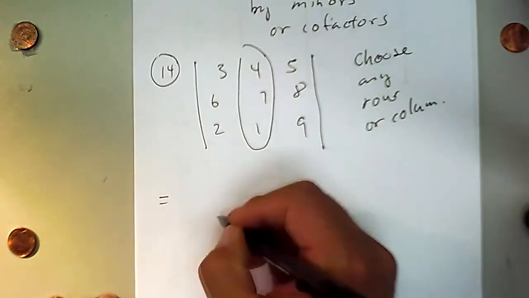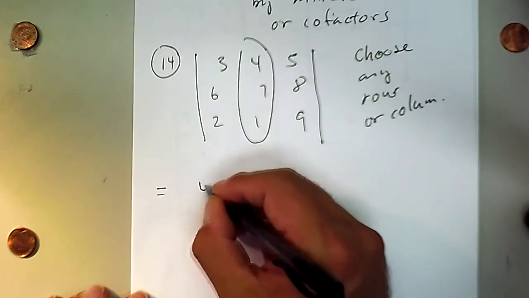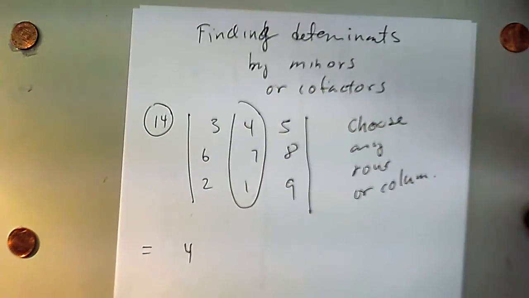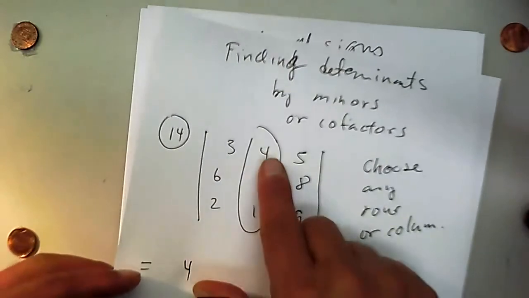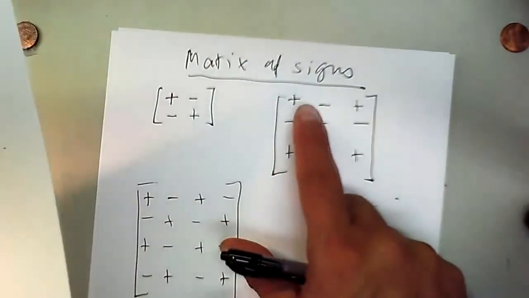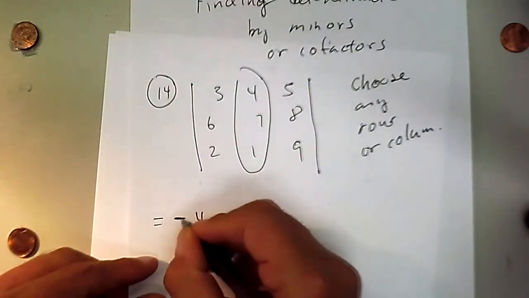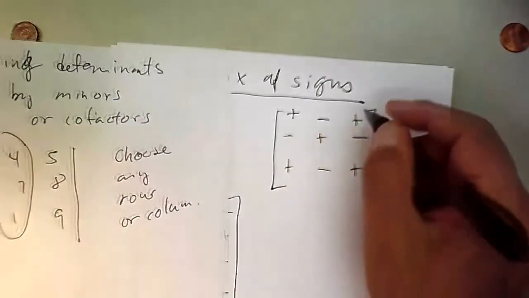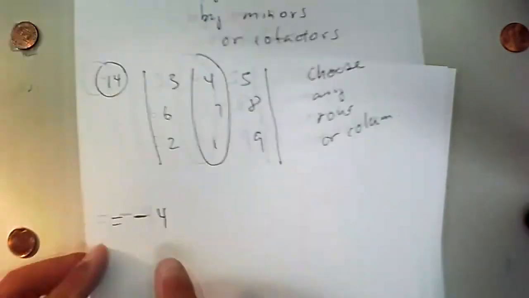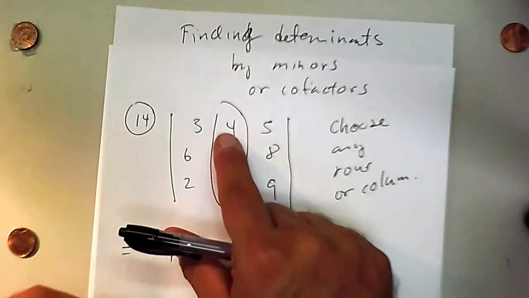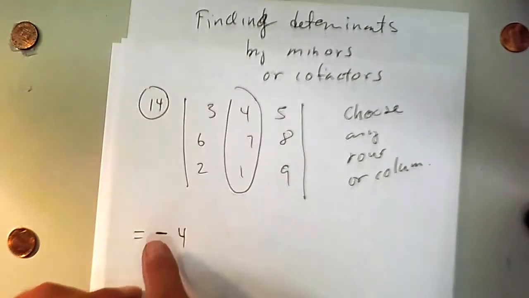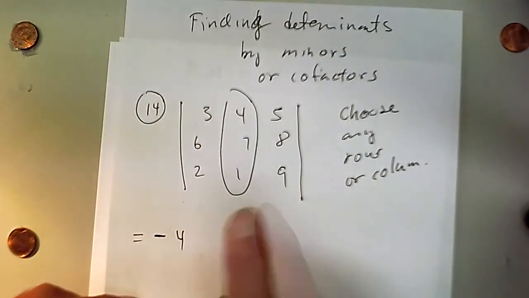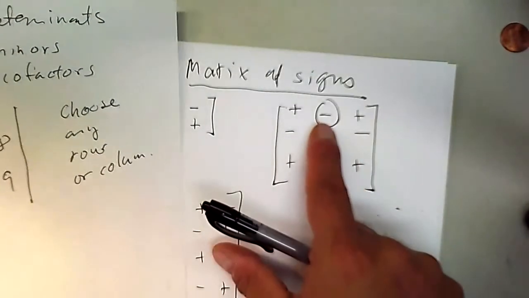So the determinant is the number 4 with the corresponding sign from the matrix of signs, negative. That negative comes from here because the 4 is in this position. So we pick negative 4. If that had been negative 4 to start with, then we still add another negative and make it positive. So whatever it is, we change the sign because there's a negative there.